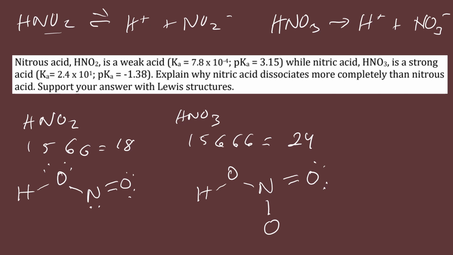Similarly over here, you have your nitrogen, and your 3 oxygens, and your hydrogen. So let's start by adding more. We have 2, 4, 6, 8, 10, 12, 14, and about 10 more to go.